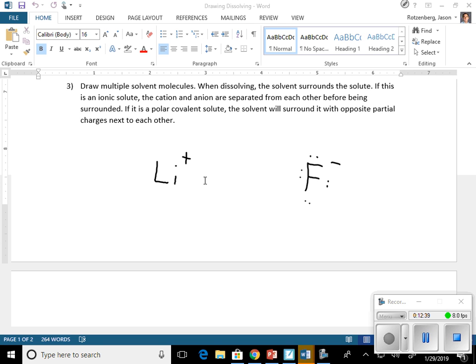Now waters surround. Hopefully you make sure that the opposite partial charges attract. Typically, in the dissolving process, it is multiple waters around each part.